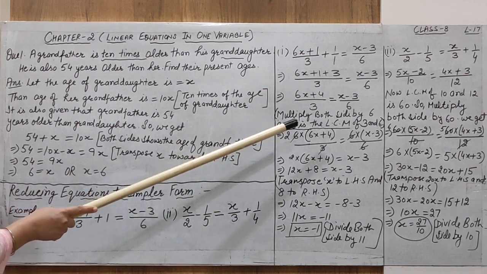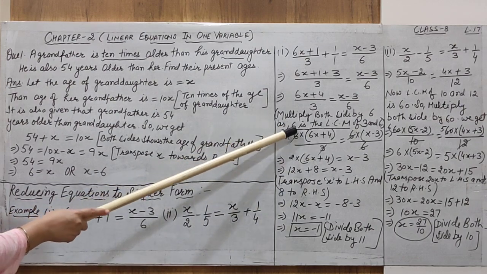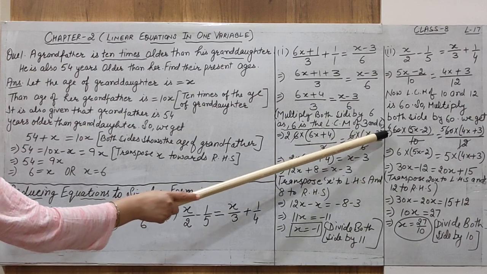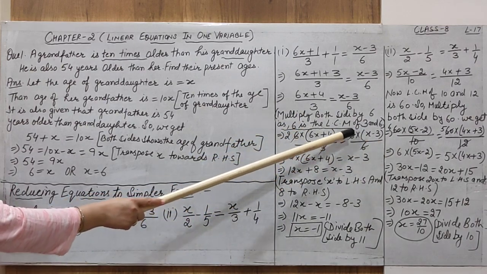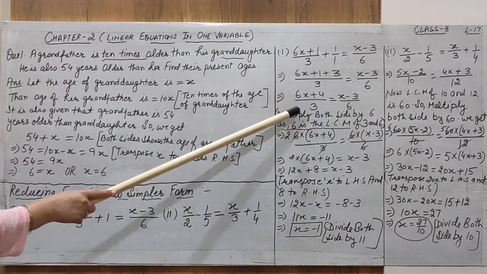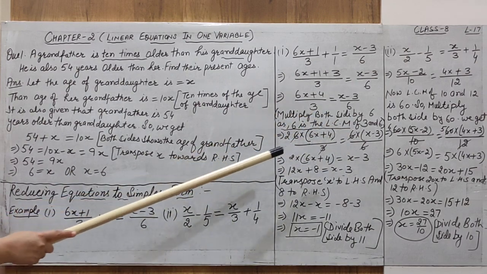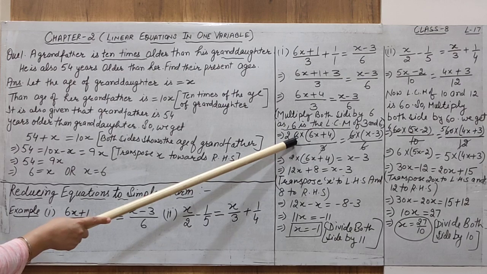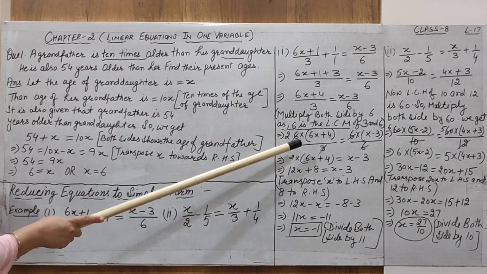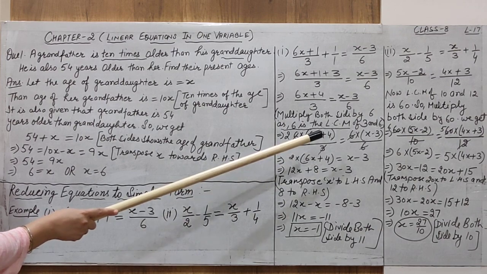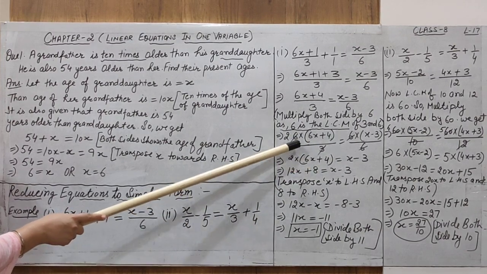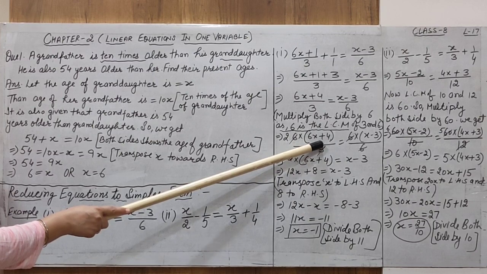Multiply both sides by 6 because 6 is the LCM of 3 and 6. That's why we have to multiply both sides by 6. When we multiply left hand side with 6, what we get? Now, 6 is a whole number, when 6 is multiplied with the fractional number, it is only multiplied with the numerator.